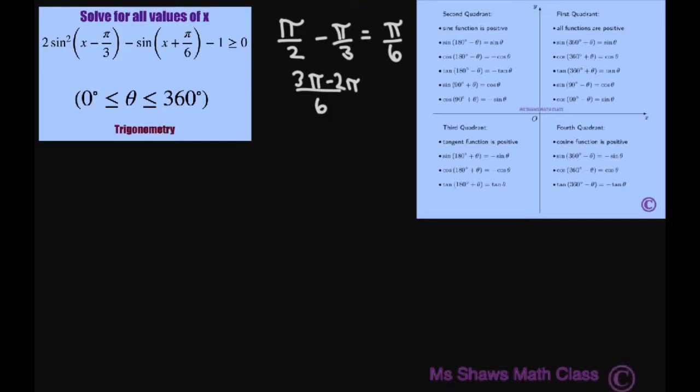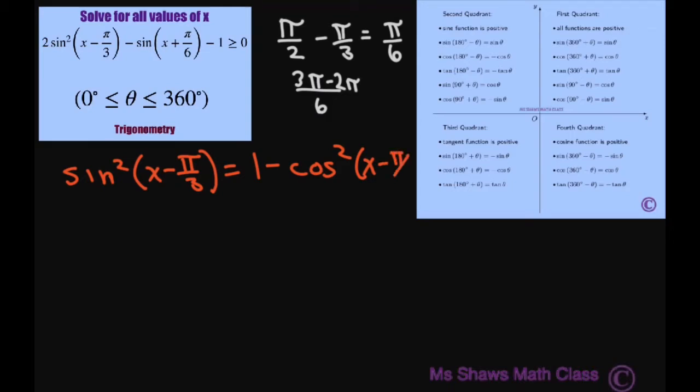So I'm going to take my sine squared of x minus pi divided by 3, not using the 2 right now, and use my Pythagorean identities to write this as 1 minus cosine squared of x minus pi divided by 3.